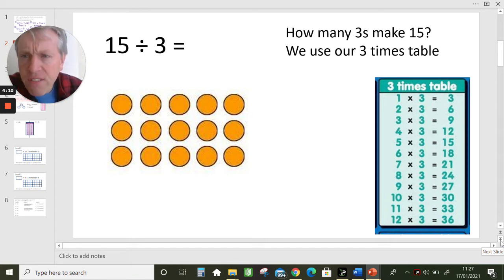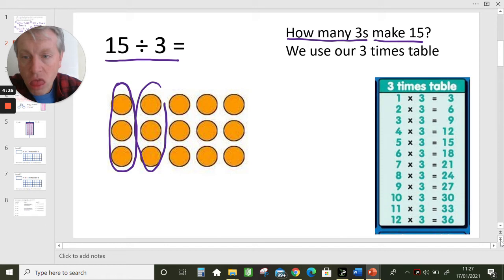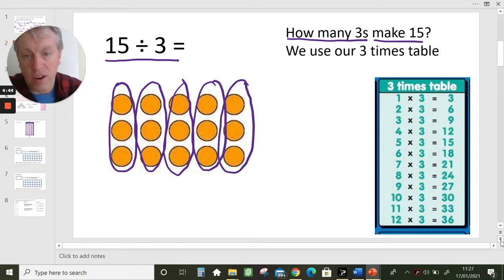But let's think, 15 divided by 3. This is no remainder. Well, remember, one way we could think about dividing by 3 is just to say how many 3's make that number. 15 divided by 3, how many 3's make 15? Well, 1 3, 2 3's, 3 3's, 4 3's, 5 3's. 5 groups of 3.